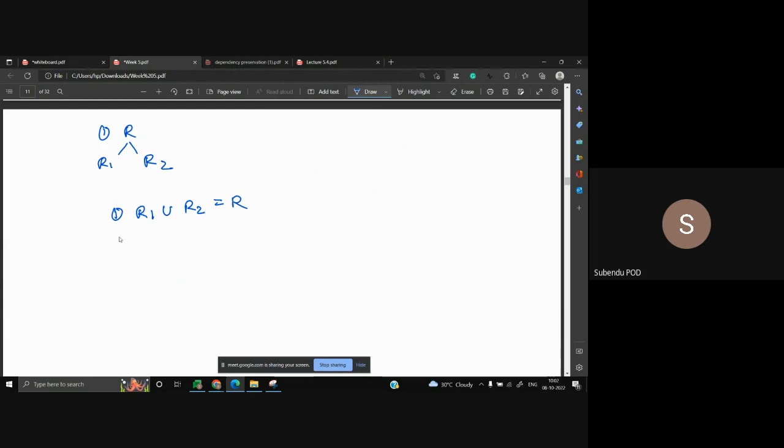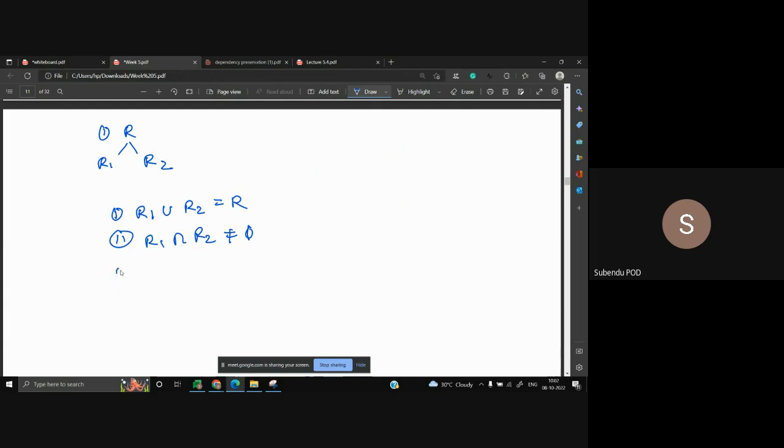Then the second condition is R1 intersection R2 does not equal the empty set. There should be some common attribute, right?